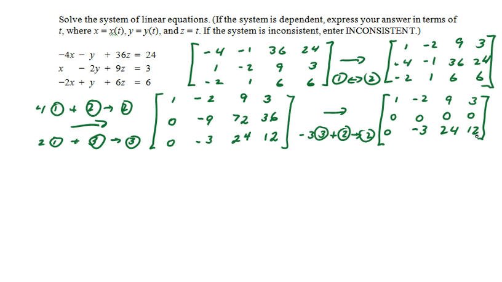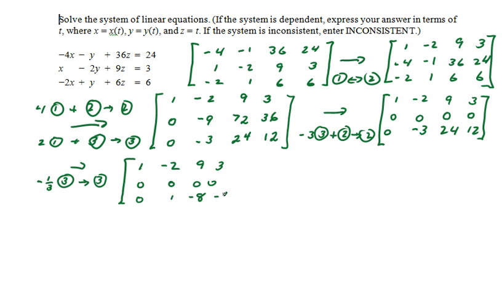So now we can multiply row 3 by negative 1/3. Put that into row 3 to get 1, negative 2, 9, 3; 0, 0, 0, 0; 0, 1, negative 8, and negative 4.